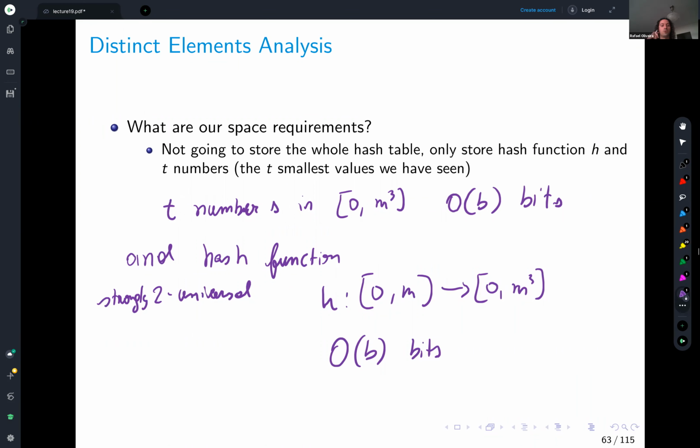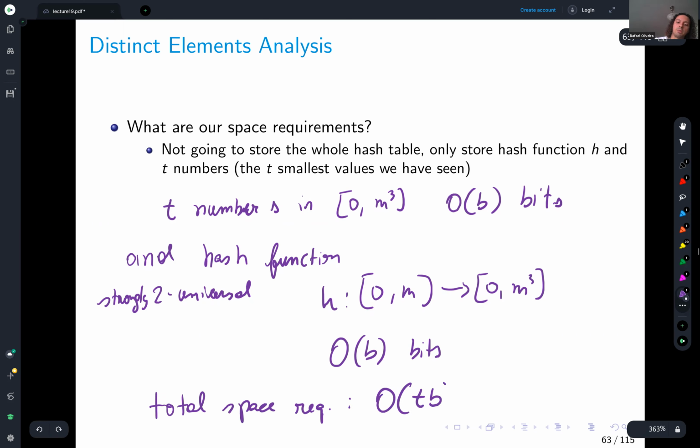So a hash function costs us O of b bits, and the t numbers, each of the numbers costs O of b bits. So our total space requirement is O of t times b bits.